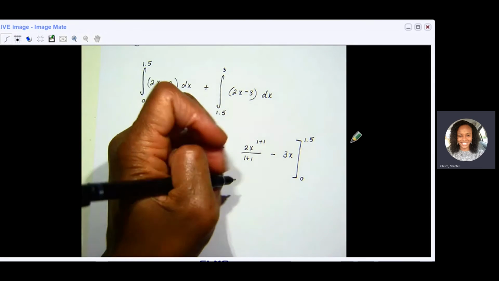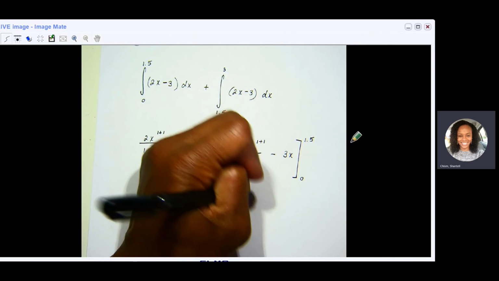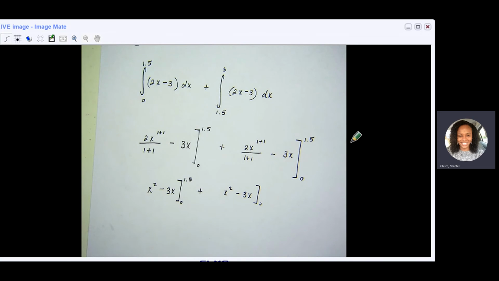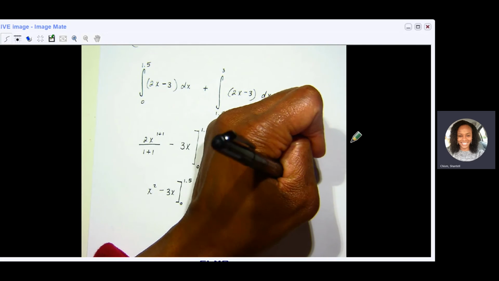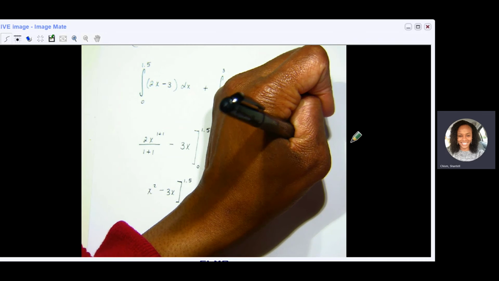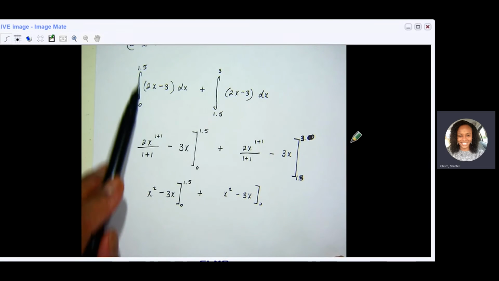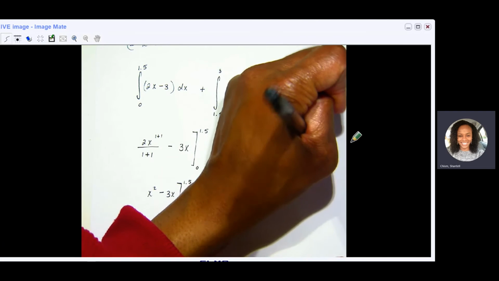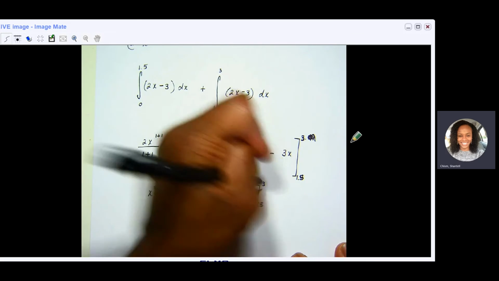And then again, x squared minus 3x, evaluating from 1.5 to 3. We split it up. So 0 to 1.5 and then 1.5 to 3. How about that? All right. So from 1.5 to 3.